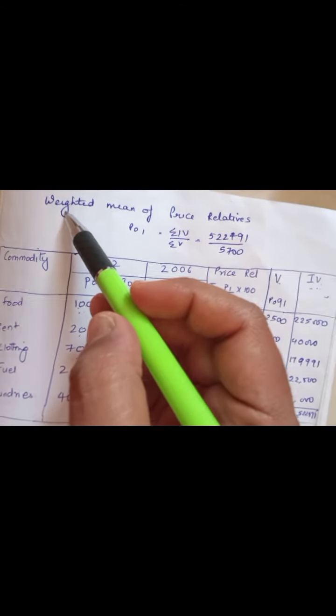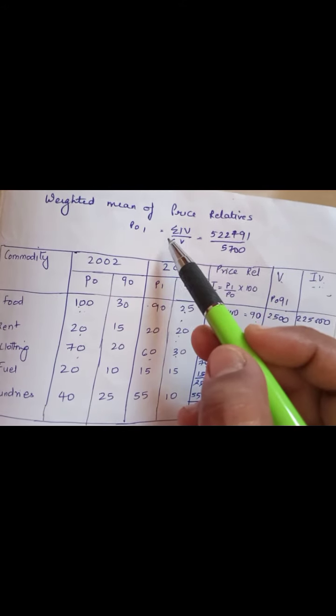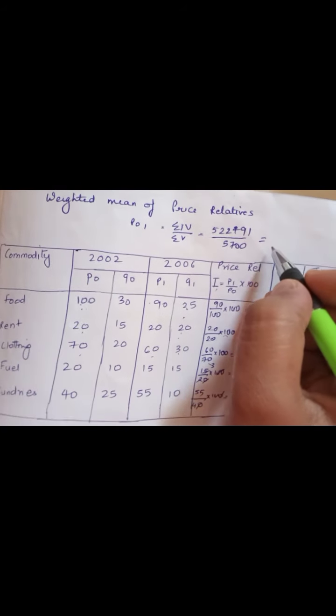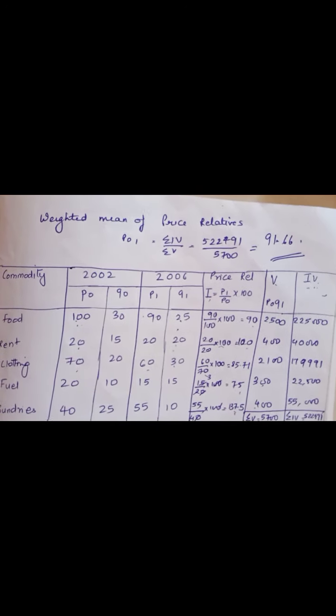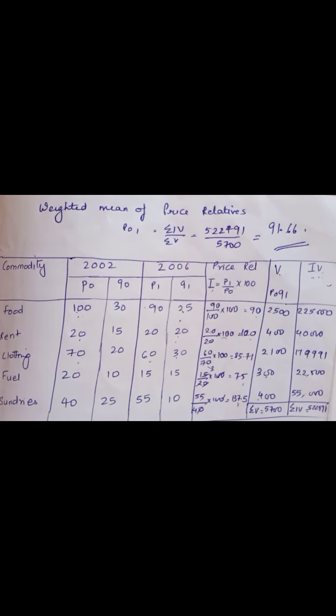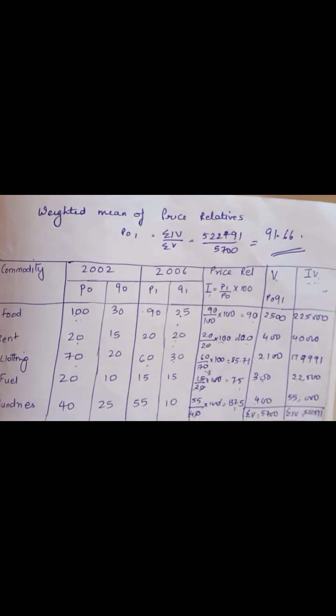Basically, to find the weighted mean of price relative, we divide them. That is the summation of IV divided by the summation of V, which gives 91.66. This is how you need to find the weighted mean of price relative.